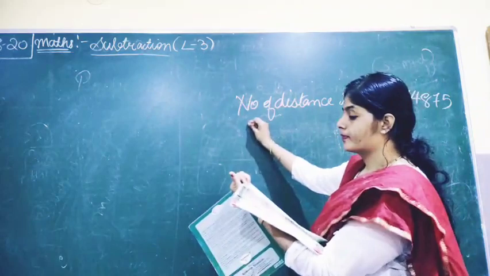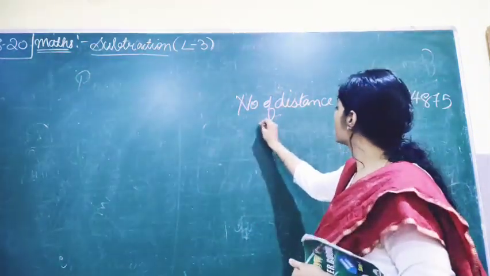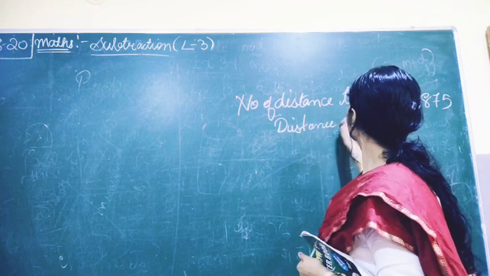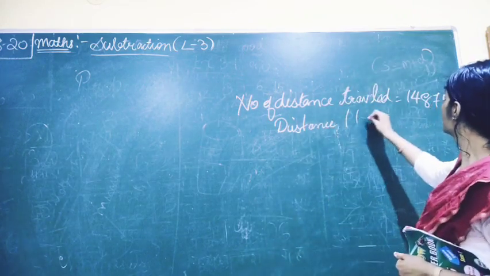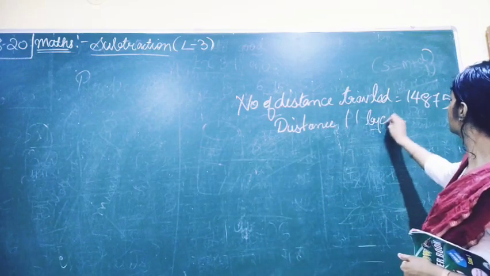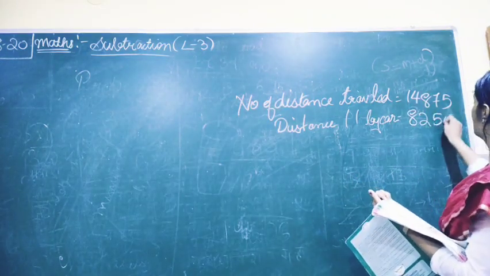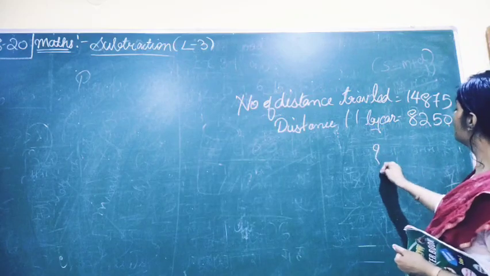And the distance travelled by car is 8,250. How much did he travel by train?